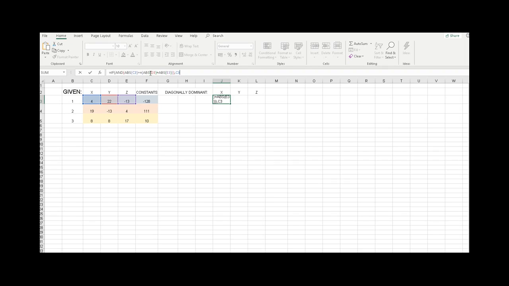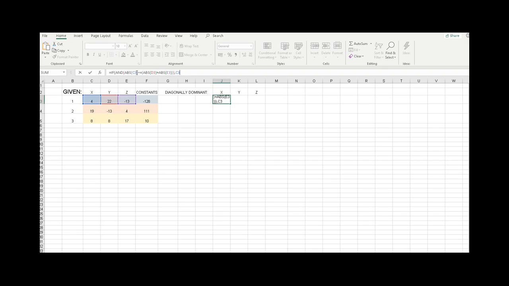What this code does is it compares if C3, the absolute value of C3, which is in the X column, is greater than or equal to the absolute value of D3 plus the absolute value of E3.